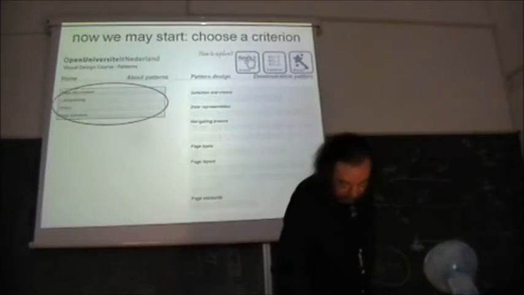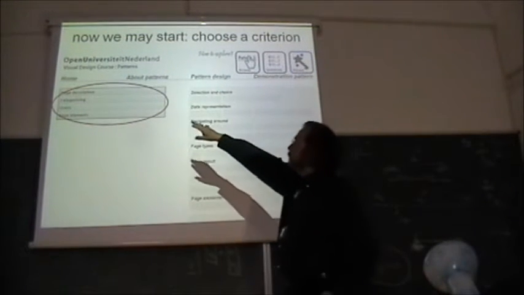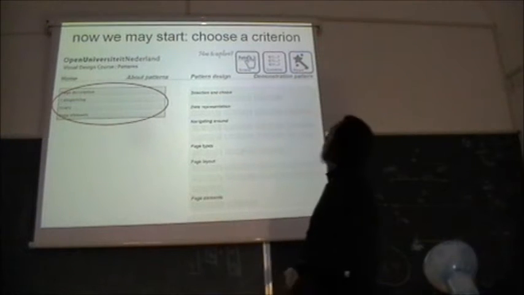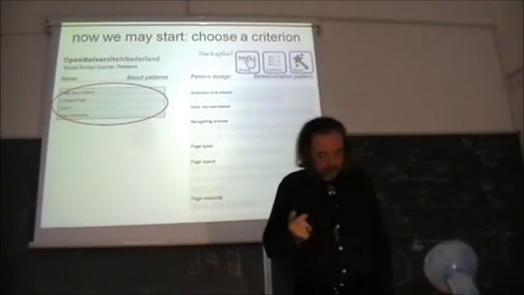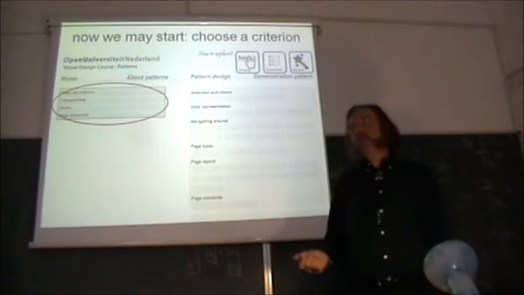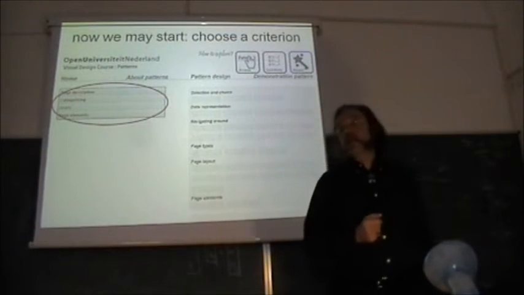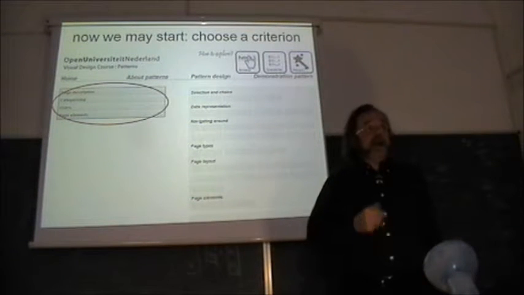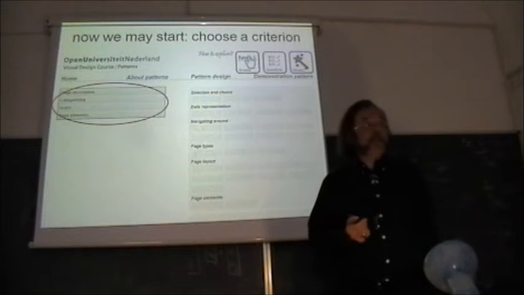Right? Okay. So now you find here 4 different criteria. So we could now look at page descriptions, we could look at categorizing, we could look at users, and we could look at page elements. And each of these 4 categories you can explore.